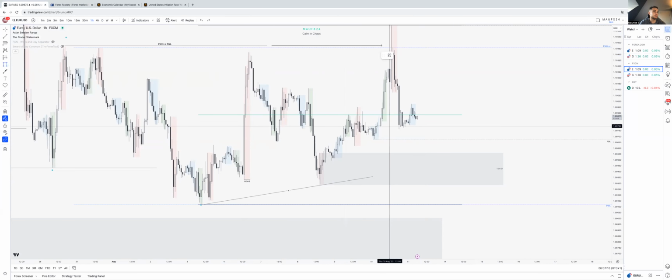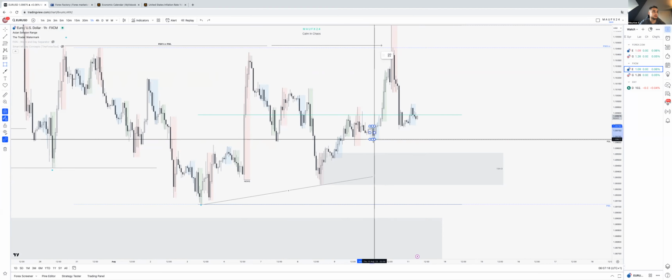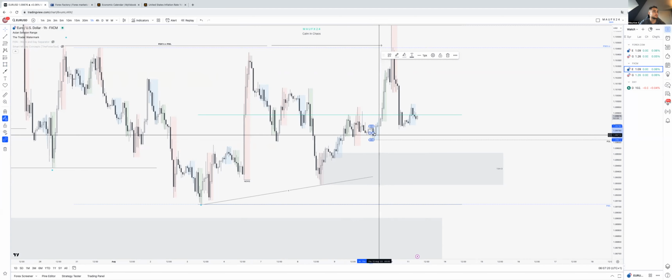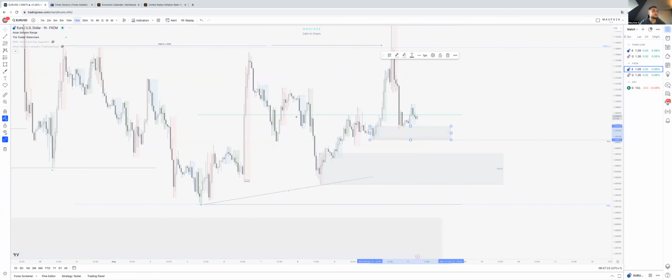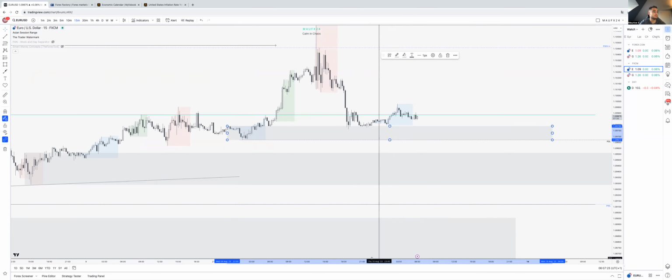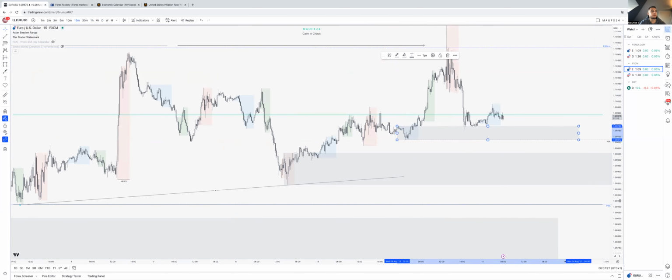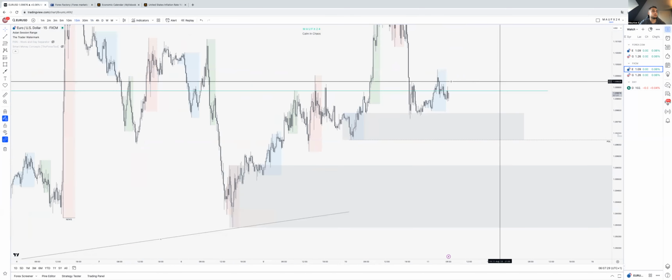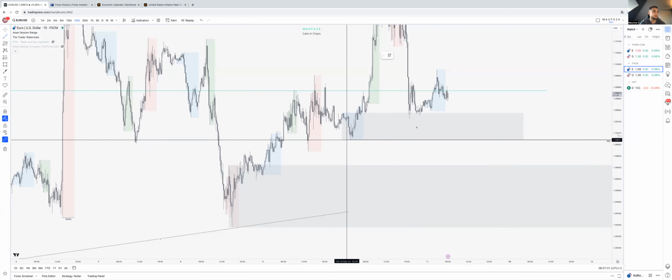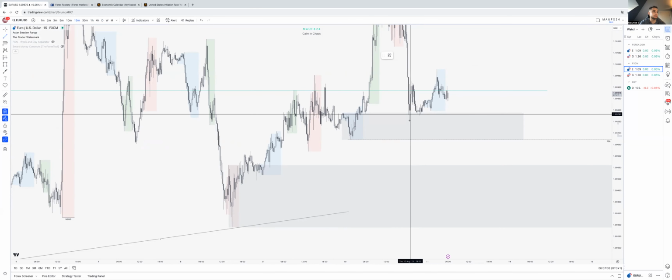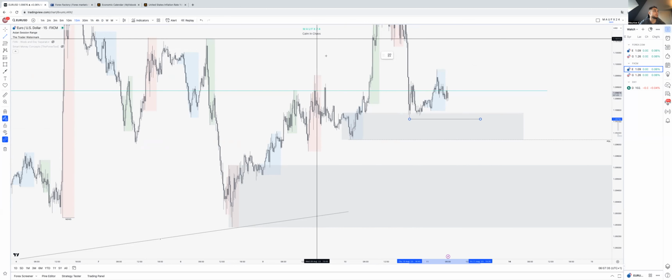So first area for me would actually be from there. If we go to the 15, I would say below this liquidity, I can look for longs.